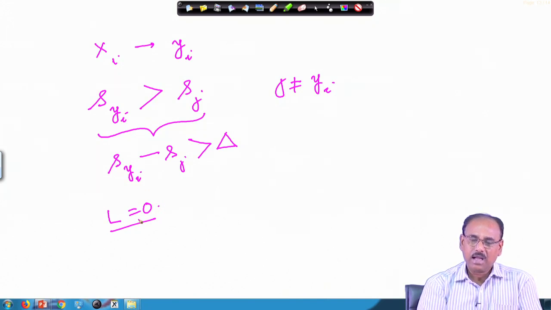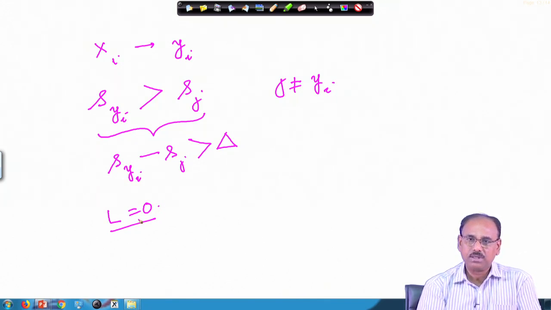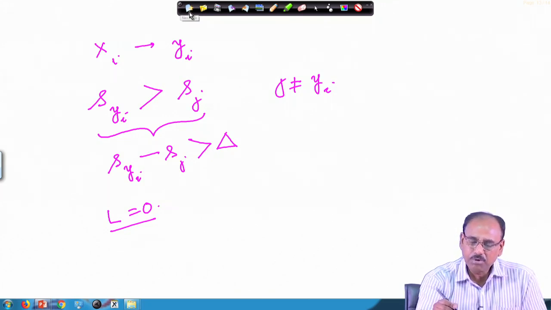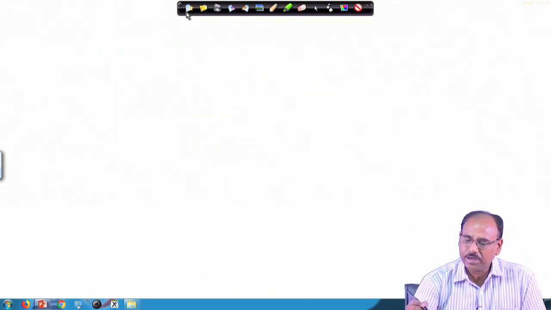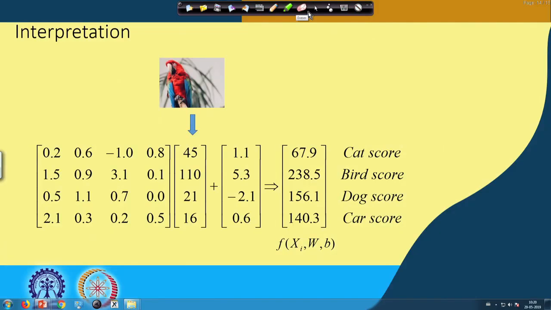In other cases, I will assume that my loss function will not be 0, but I will have a finite loss, and that loss value I want to minimize to get the correct classification. I will come to this loss function in detail in our next class, but before that let me just tell you what is the interpretation of this linear machine.